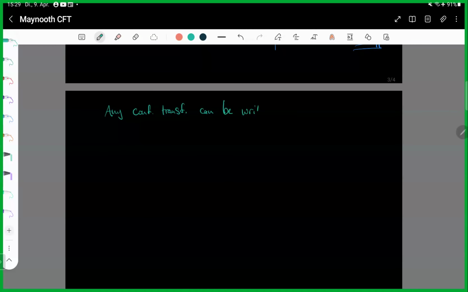And they are the following ones. So I have, first of all, a sequence of 4 types of transformations.